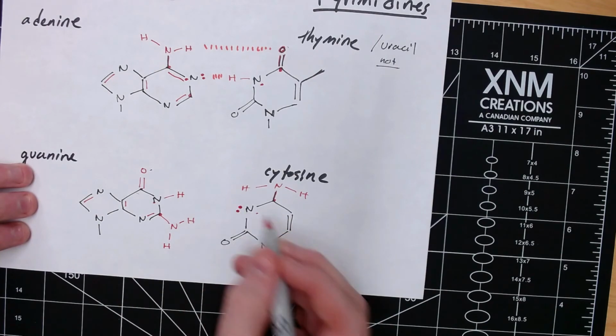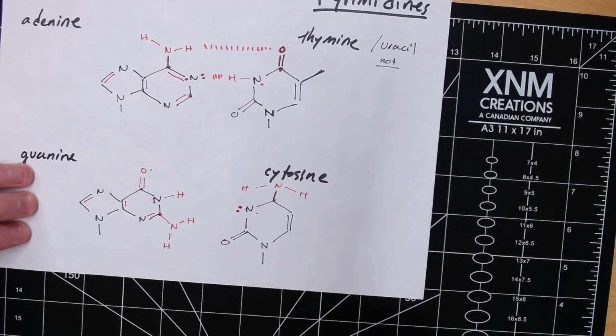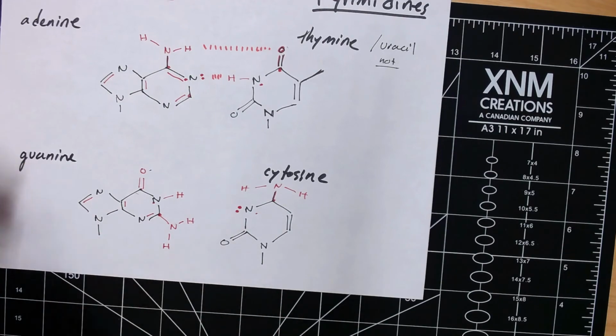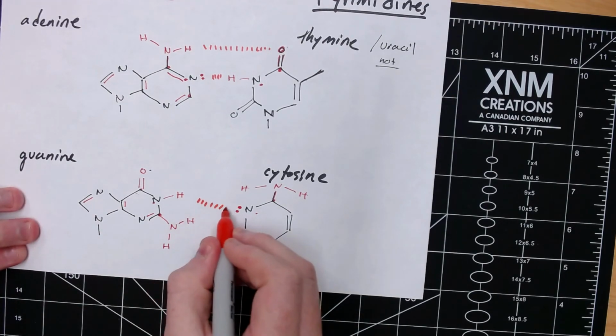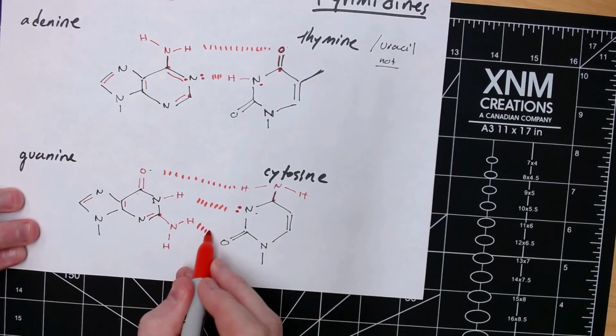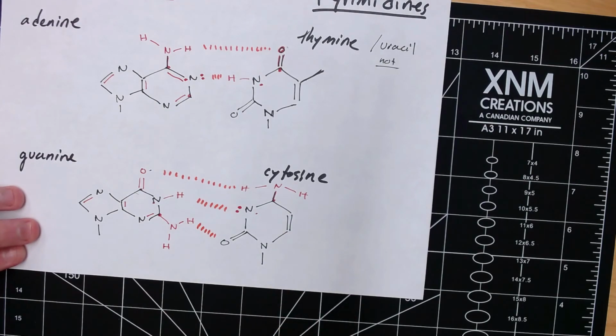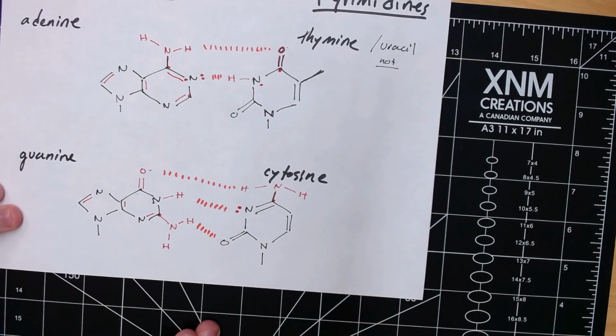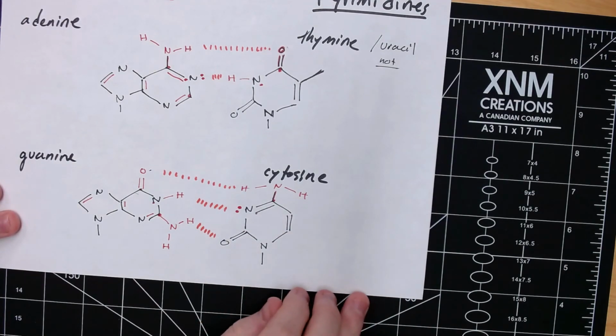Therefore, we would expect this nitrogen here to be the H-bond acceptor, and we'll get a hydrogen bond that forms between here, and a hydrogen bond that forms between here. And as we mentioned, those three are going to form hydrogen bonds. And because now we don't have a carbonyl group here, we can put another double bond in this position so that the ring is going to be fully planar now.